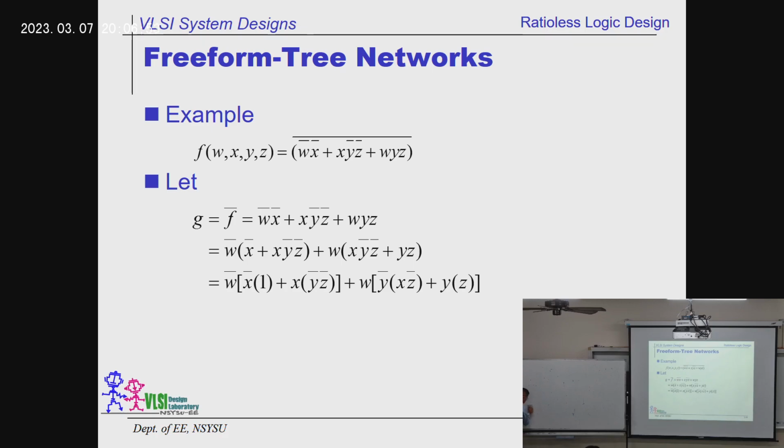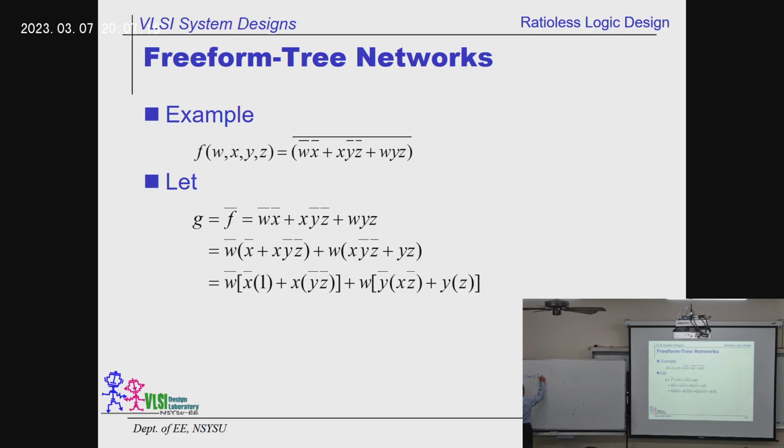Okay, so hold on a second. Let me copy the equation over here. So this is G. After the 2-level decomposition, we have W bar, then big bracket, X bar. Here's 1. And then I cannot remember it. I have to do it step by step.